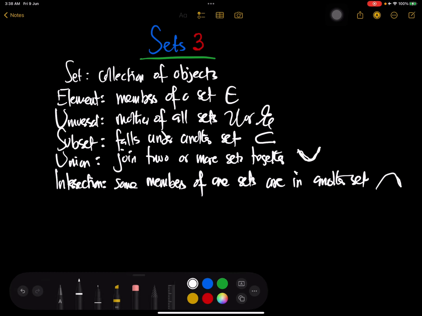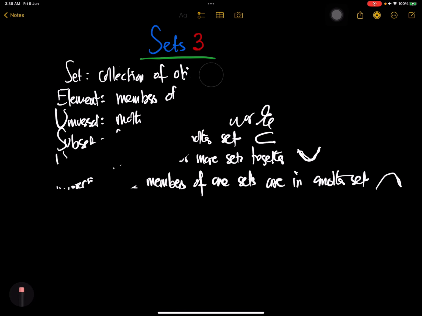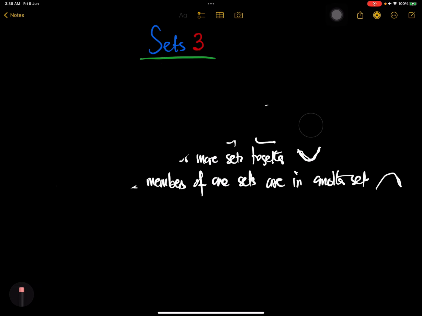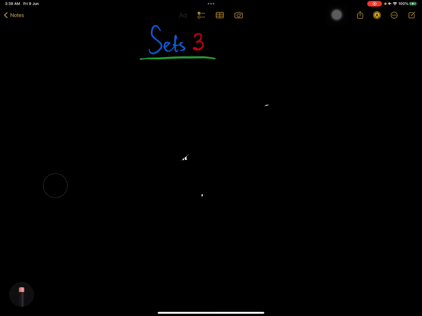So we're going to continue. Today we're going to look at the concept known as complement, a complement set. Now, complement of a set means that the members of that set are not part of the universal set.